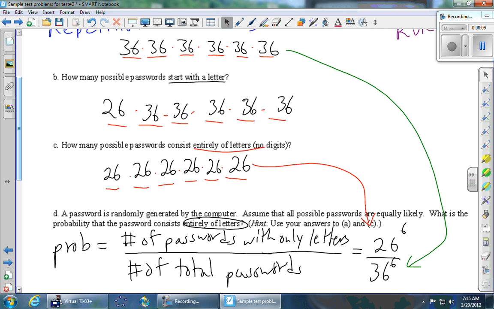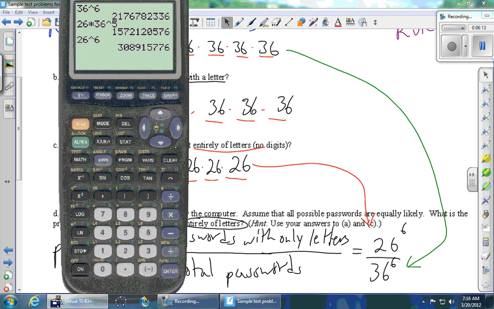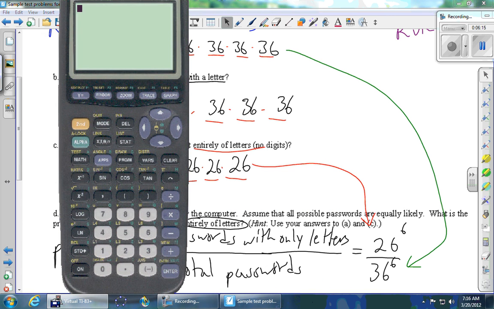And that answer is fine, but if you actually wanted to see what it looks like in terms of a proportion or a percentage, we'll go ahead and type that in. 26 to the 6th divided by 36 to the 6th. And as a percentage, if we multiply by 100, turns out if a computer just randomly generates a password, there's about a 14% chance that the password will have only letters, no digits.